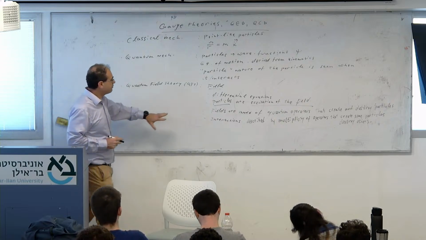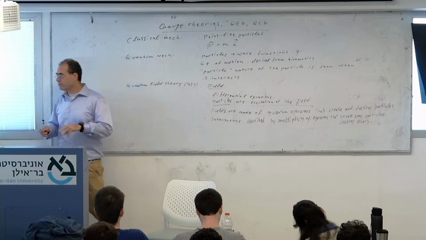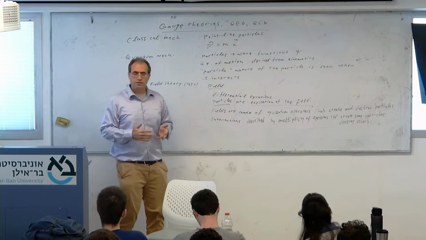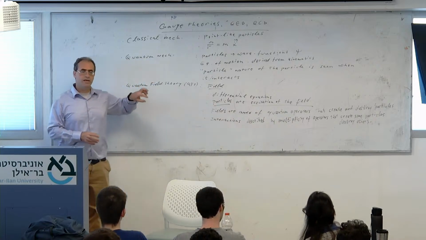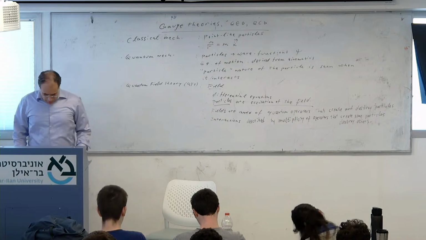So that's the key difference. The whole idea is that we need some formalism to enable us to change the number of particles and the type of particles they are. You start with one type of particle and you end up with a different type of particle.